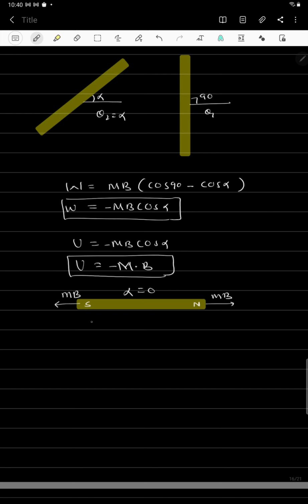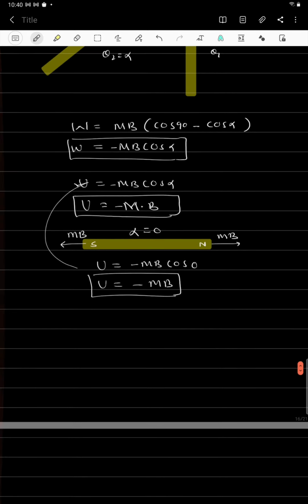Then the energy for this case is minus mB cos 0. Therefore you will get U equals minus mB. This much negative energy is stored in the magnet.